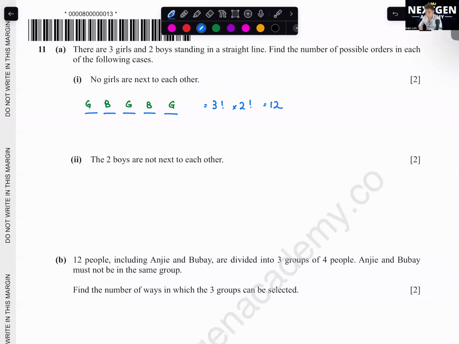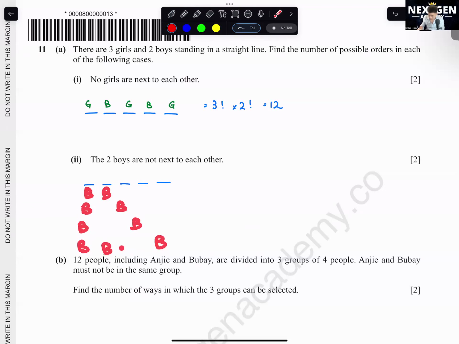Okay, number 2. The two boys are not next to each other. When they say not next to each other, there are quite a number of possibilities, right? If we want to arrange based on not next to each other, we can put boy here, boy here, there are so many different arrangements.